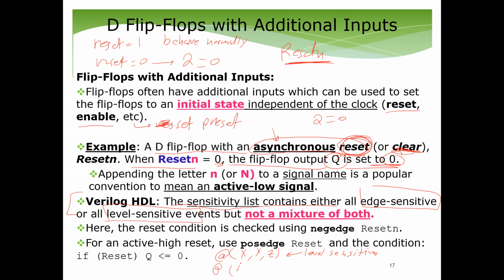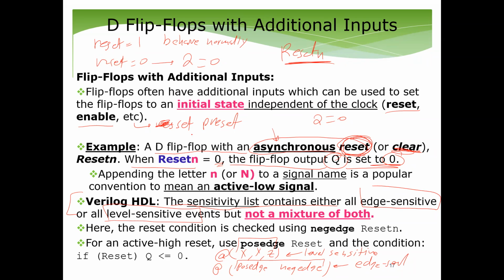And if you write positive edge or negative edge, this is edge sensitive. Your sensitivity list either contains all level sensitive or all edge sensitive. You cannot mix both.